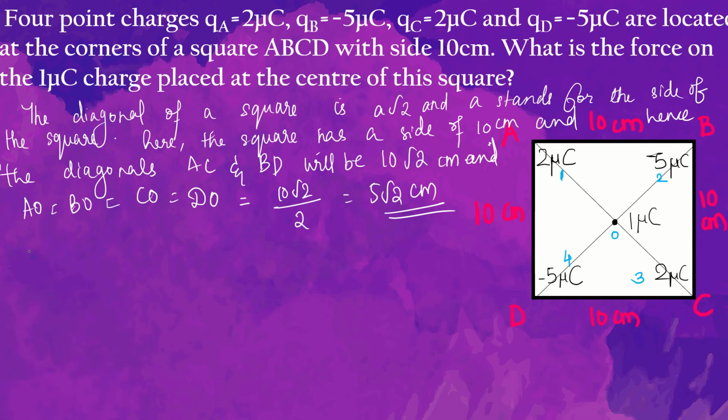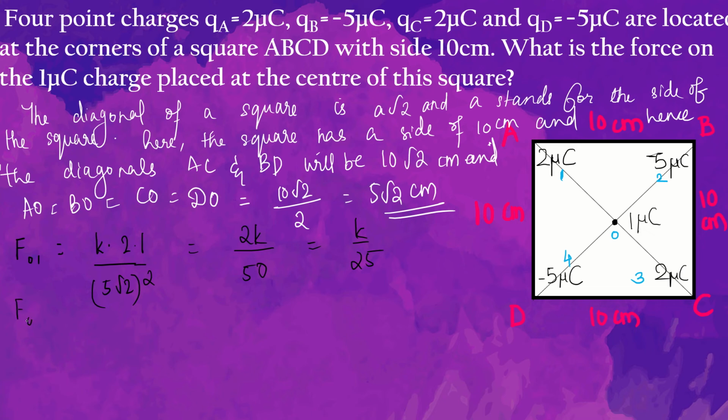We have to find the force experienced by the 1 microcoulomb charge placed at the center. First let us find F01, which is K Q1 Q2 by R square. Here Q1 is 2 microcoulomb, Q2 is 1 microcoulomb, and R is AO, so it is 5 root 2 the whole square, which is 50. So 2K by 50, that is K by 25, is the force F01.